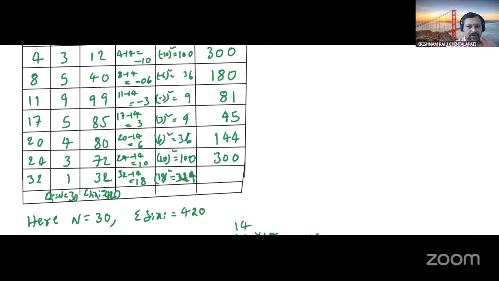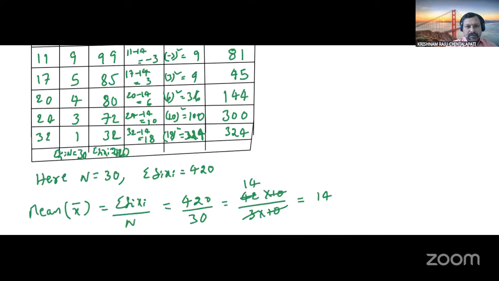So according to the formula, we want a summation of this, right? So add it. Summation Fi times of xi minus X bar whole square.